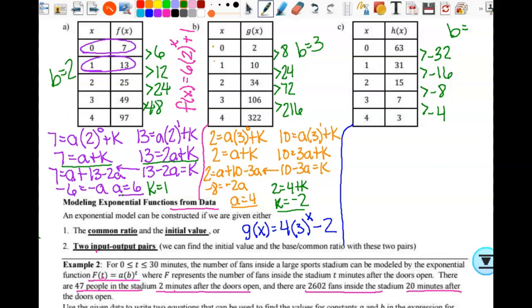Is it negative 1/2? Positive 1/2. It's just positive, because if it was negative 1/2, the signs would alternate, right? So the fact that these were negative really didn't even matter. It's just 1/2. Okay.